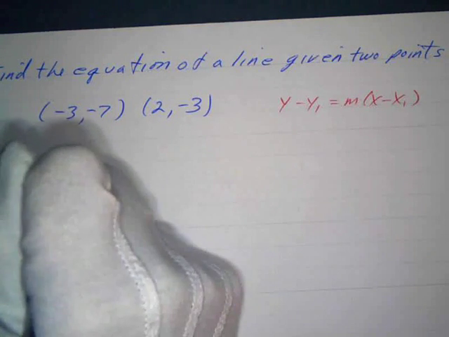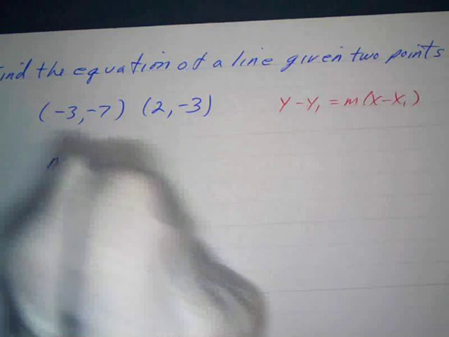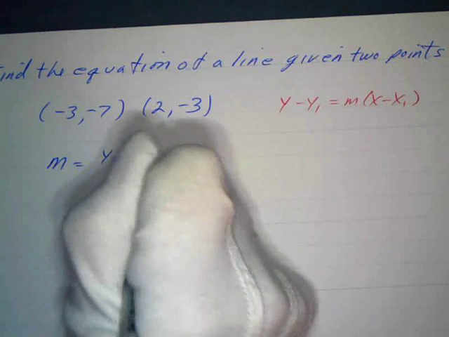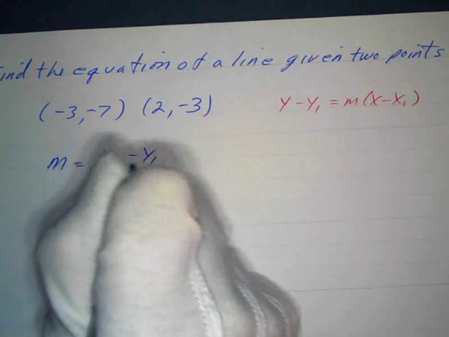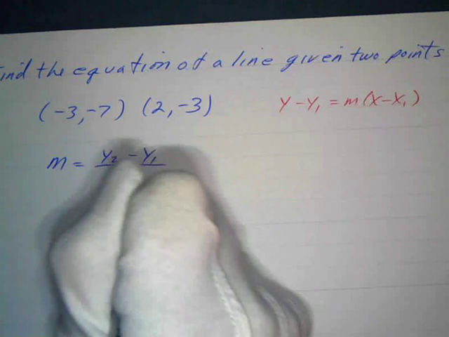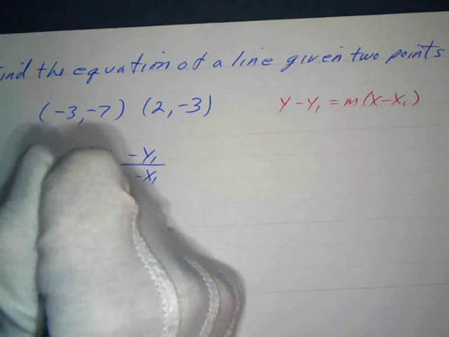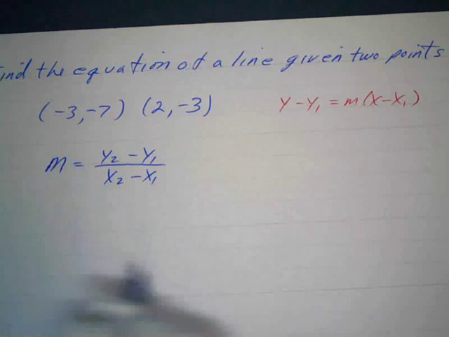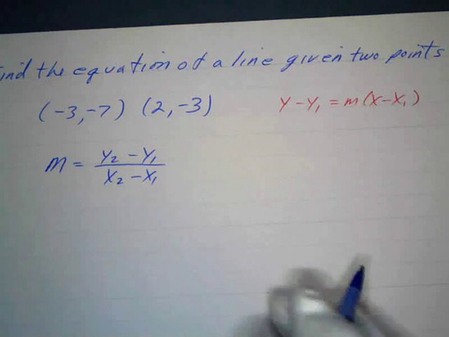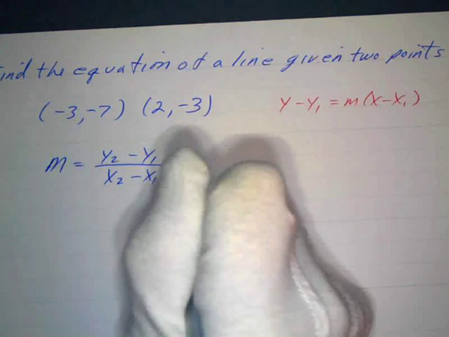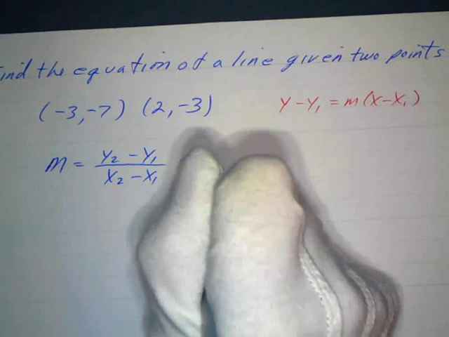So my slope formula is m equals y2 minus y1 all over x2 minus x1. What I'll do is write the structure of my formula.